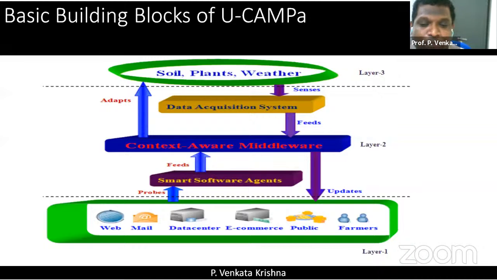As the diagram outlines, there is layer 1, layer 2, and layer 3. In layer 1 you have various stakeholders, the user console, and probes.